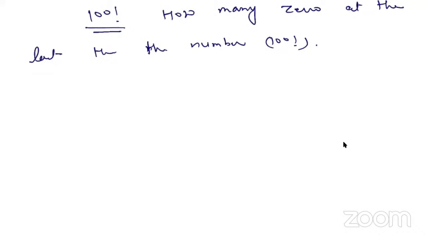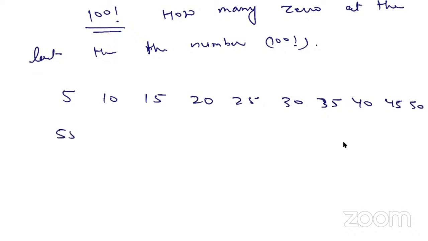So these are 5, 10, 15, 20, 25, 30, 35, 40, 45, 50, 55, 60, 65, 70, 75, 80, 85, 90, 95 and 100.